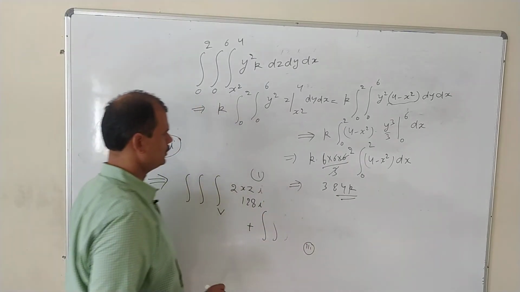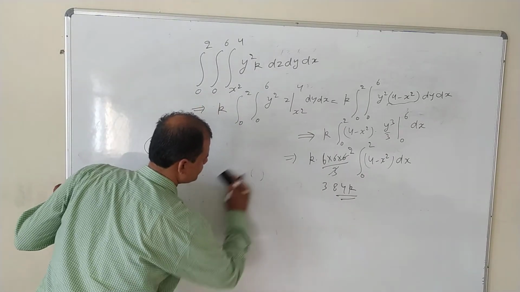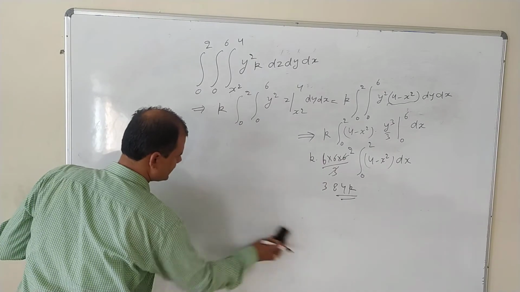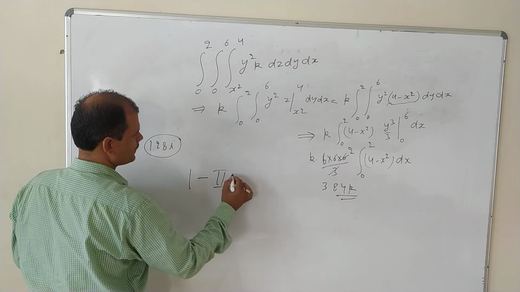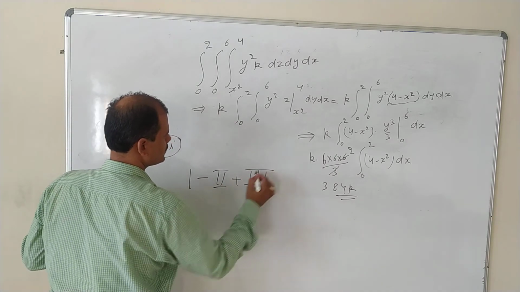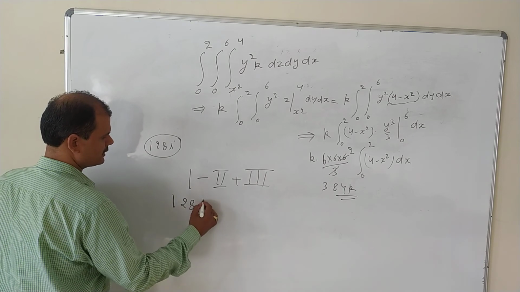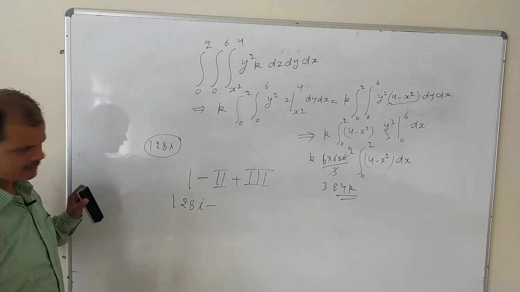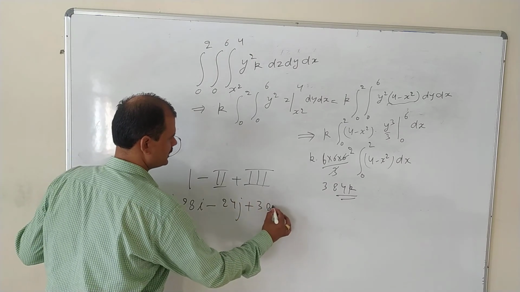Right? So your integral will be, the last portion of the calculation I am leaving for you, that too in single integration, that you can do. So we have 1 minus 2 plus 3, right? So the first integral was 128i, minus the second, 24j, plus 384k.